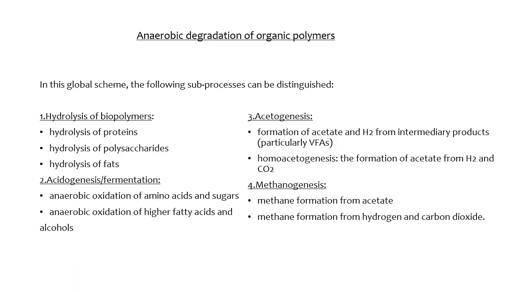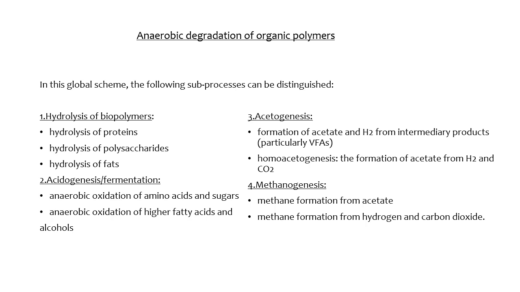In anaerobic treatment, the anaerobic degradation of organic polymer takes place in four stages when there is low redox potential available. The four stages are hydrolysis, acidogenesis/fermentation, acetogenesis, and methanogenesis. In hydrolysis of biopolymer, the hydrolysis of protein, polysaccharides, and fats takes place.